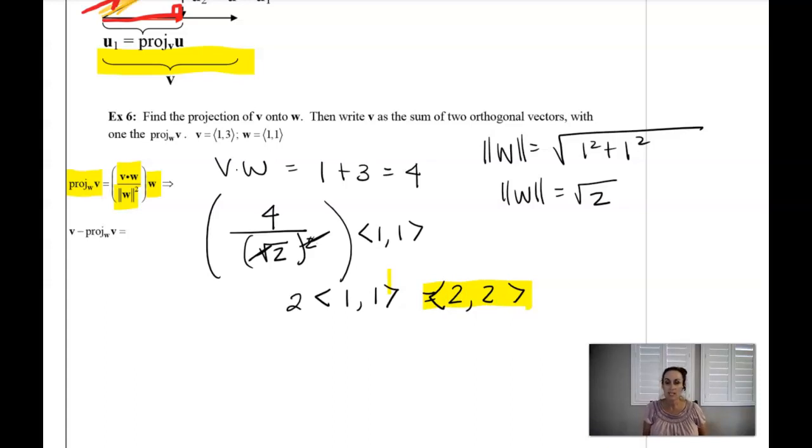Now the question says, write vector V, here's vector V, as the sum of 2 orthogonal vectors.